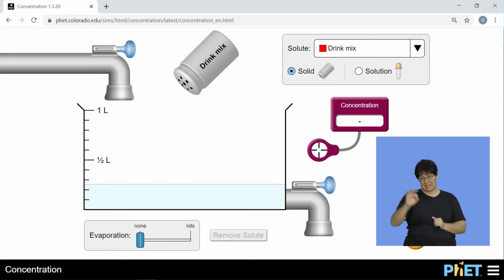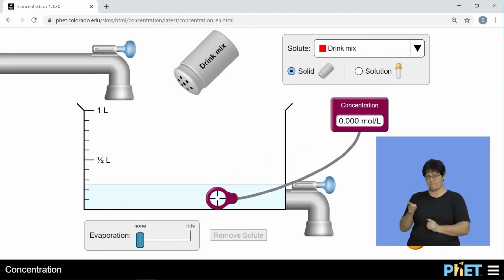So that's our idea of 250 cubic centimeters, which is a quarter of a cubic decimeter. There is no solute here. That's why the concentration value reads 0.0 moles per cubic decimeter. Remember, a liter is a cubic decimeter, so this is another way of saying moles per cubic decimeter.